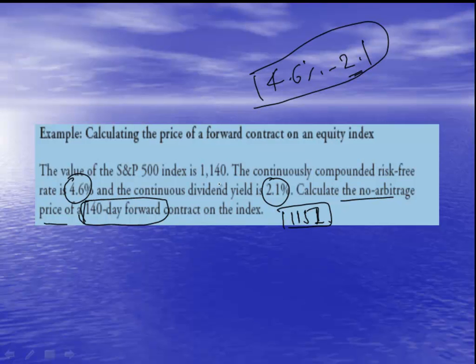Let's assume if I try to calculate this way, if 1140 is the spot price and I compound it by 4.6% for 140 days, now the value is 1159.82, and I assume that this 2.1% dividend yield that I get on the 1140 is for 365 days. I take the value for 140 days and subtract it from the same thing. You're doing the same thing. You're taking it forward by 4.6, bringing it backward by 2.1, which means you're taking it forward by the difference, 2.5.